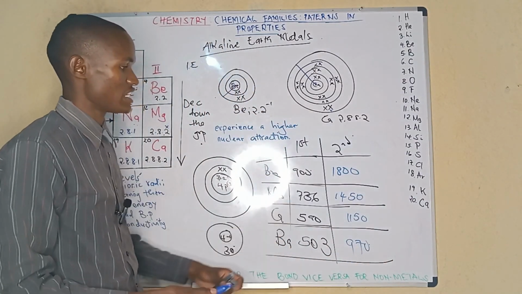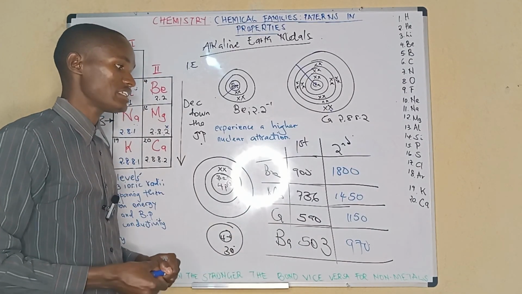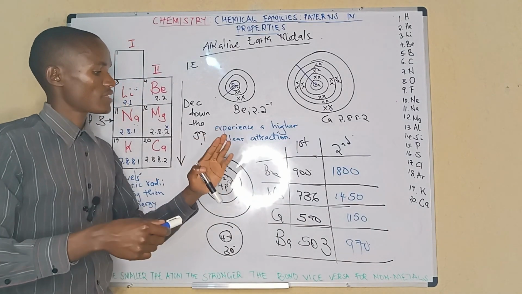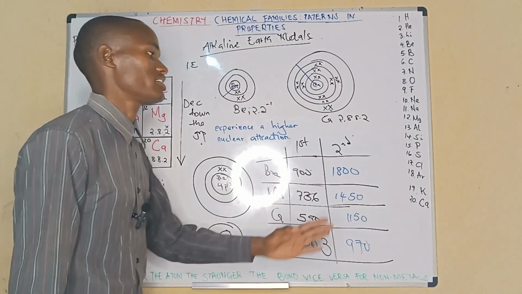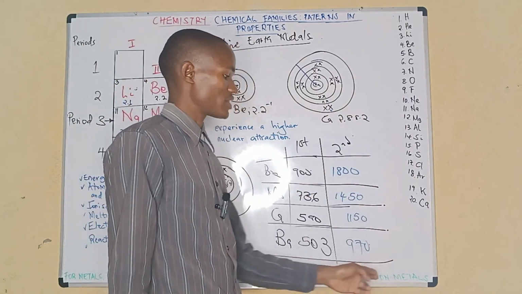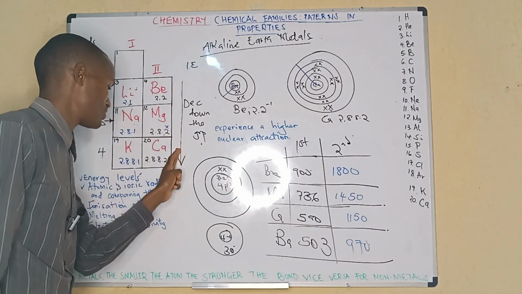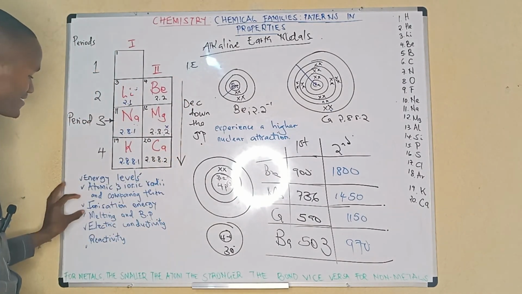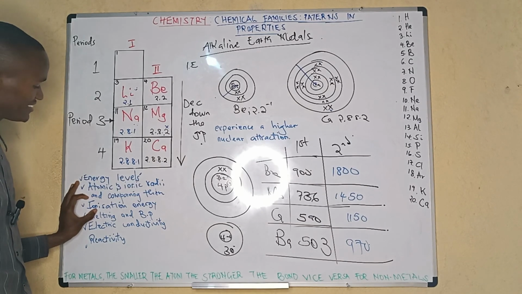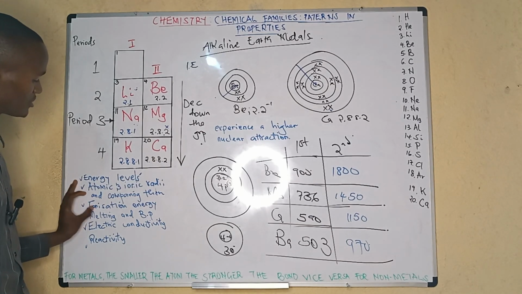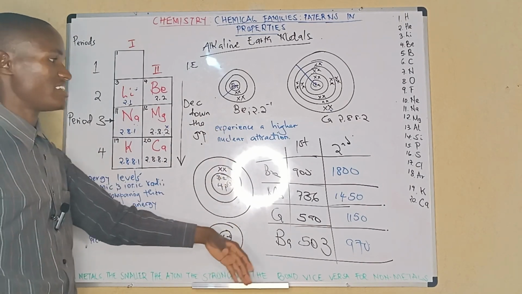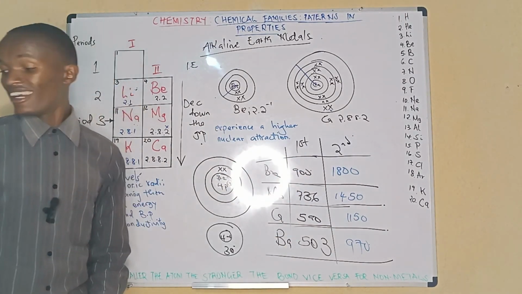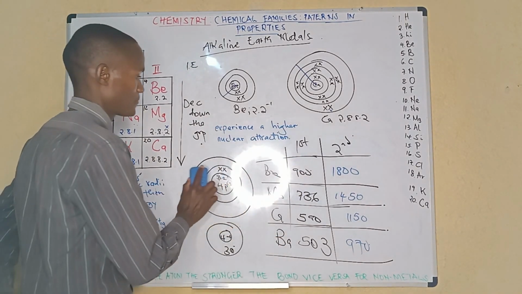Generally, for each of these elements, the second ionization energy is greater than the first ionization energy. And the second thing to note is that it is also decreasing down the group. So there was some more content here on ionization energy as compared to alkali metals, but we are done and you have seen the trend and compared the first ionization energy to the second ionization energy.